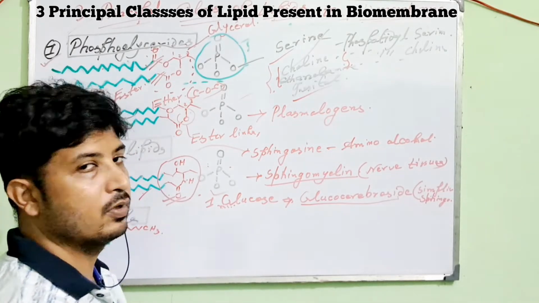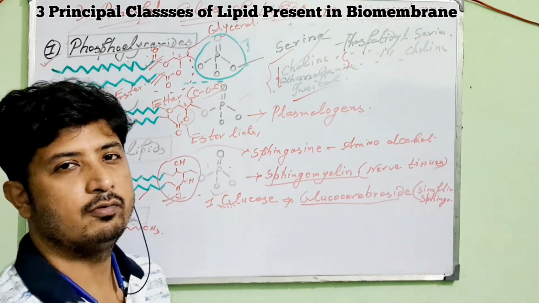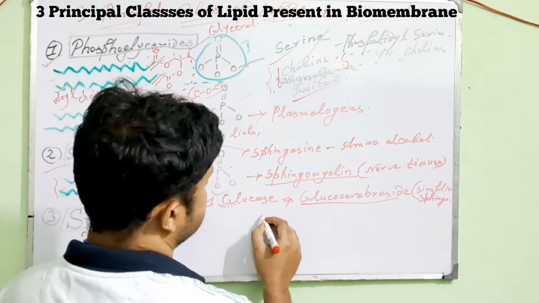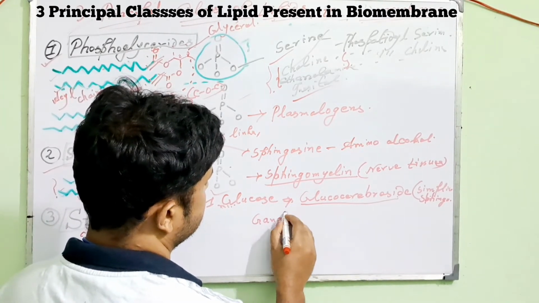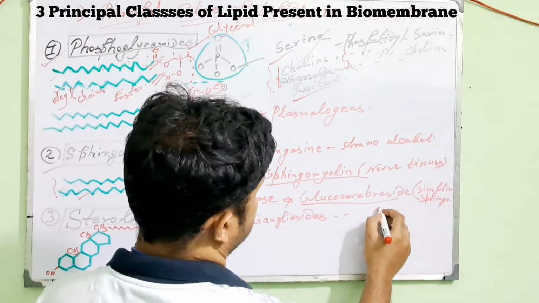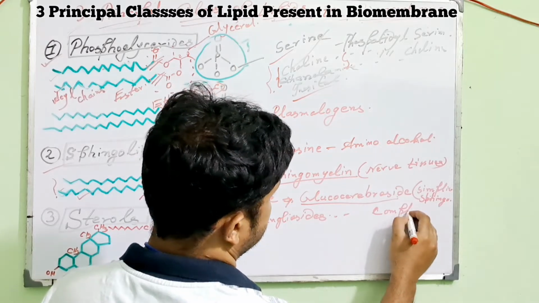Now, for the complex sphingolipids, an example is gangliosides. It is the most complex sphingolipid.